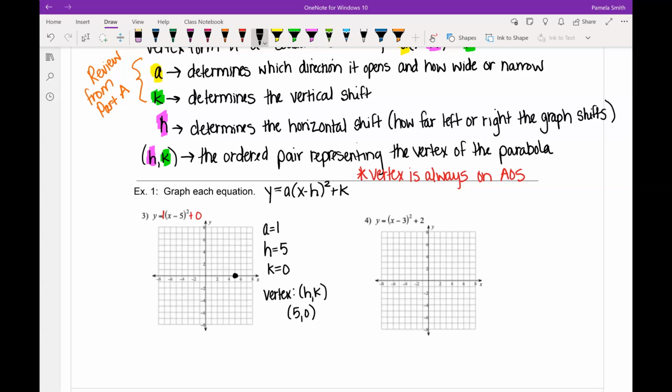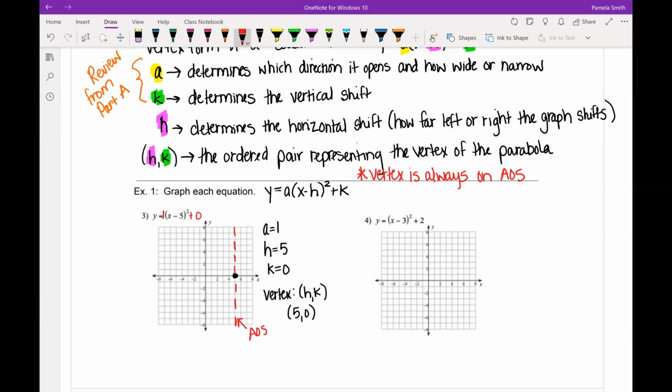There's 5, 0. And now I know my axis of symmetry, or the line that cuts my parabola in half, is going through that same line. So I'm going to draw in my axis of symmetry as a dotted line. So again, that is my axis of symmetry.